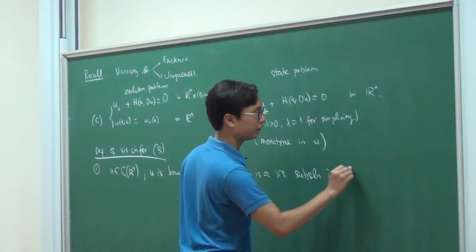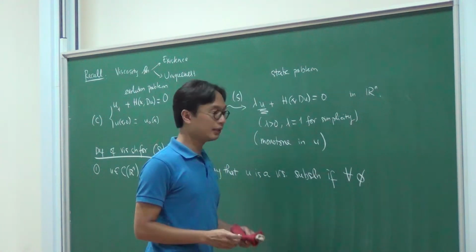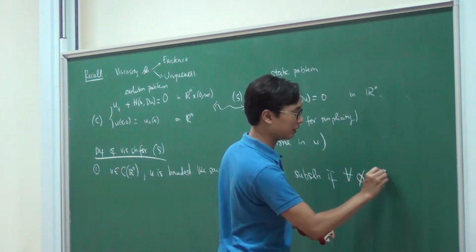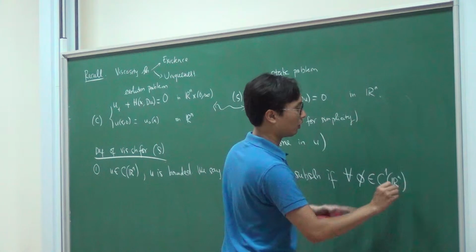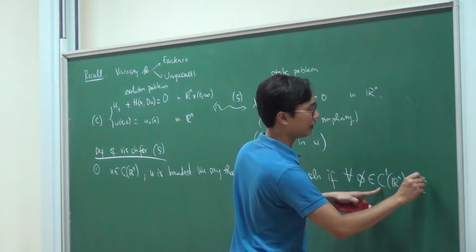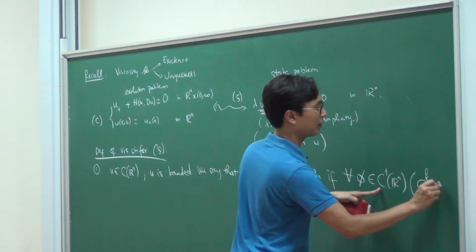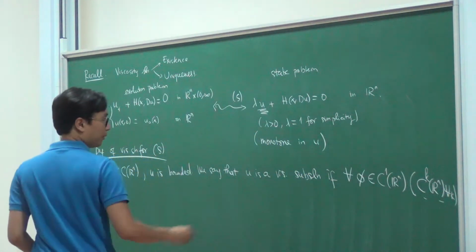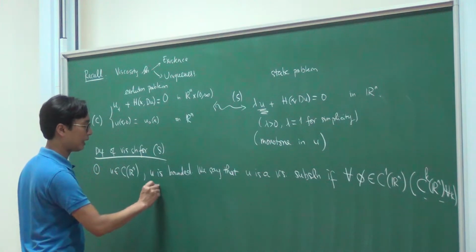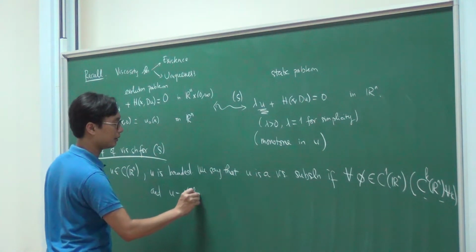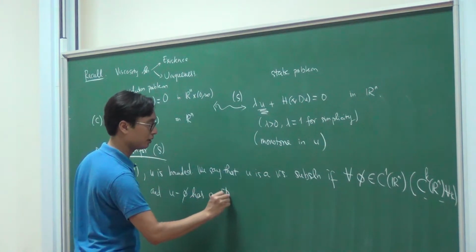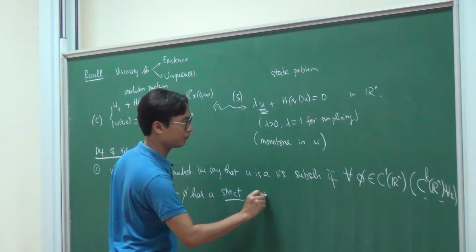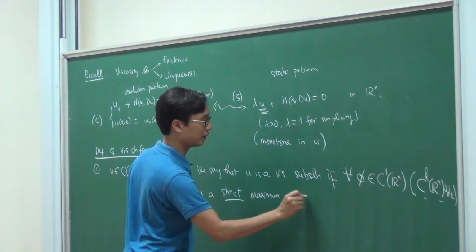if for any test function phi, and I didn't say, but we can actually assume that this is in C^1(R^n), or it can be in C^k(R^n) for any k, if u minus phi has a strict maximum at x0.